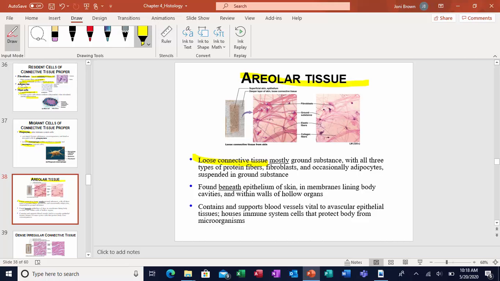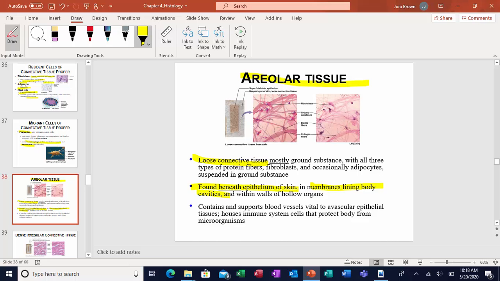It's got some adipocytes, or fat, and all of that's in that ground substance. You find this is the underlying tissue beneath the skin. Under that stratified squamous epithelium, you find areolar, or loose connective tissue. You also find it in the membranes that line your body cavities and in the walls of your hollow organs.